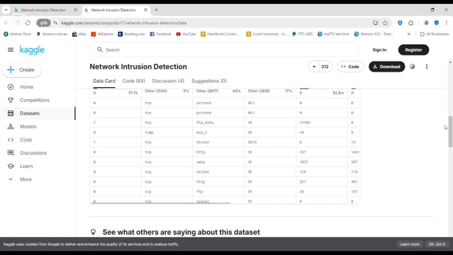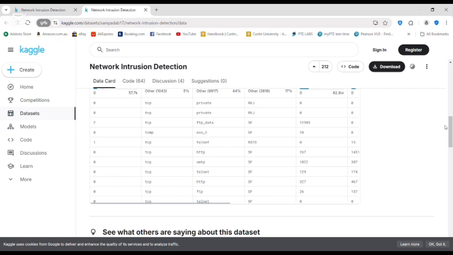For example, if we look at the protocol type, we see that most of the traffic is using TCP, which is around 84%, followed by UDP at 12%. When we dive into the service column, we see that HTTP is the most common service, making up 35% of the data, while private accounts for about 25%.